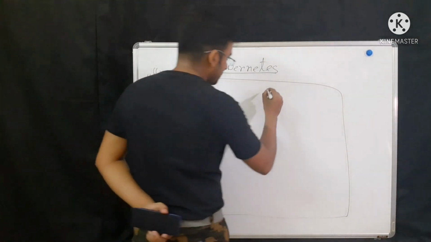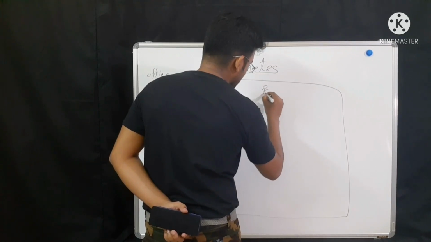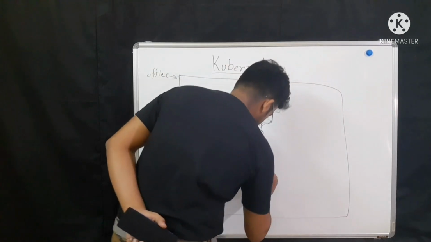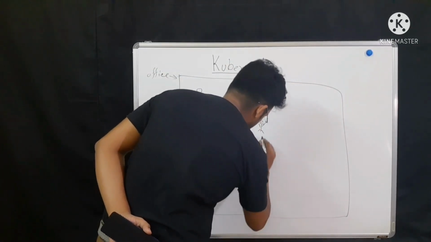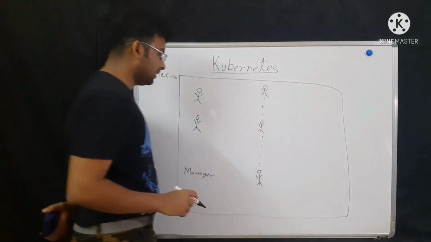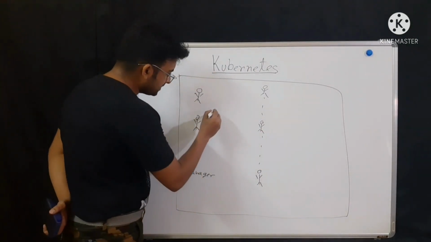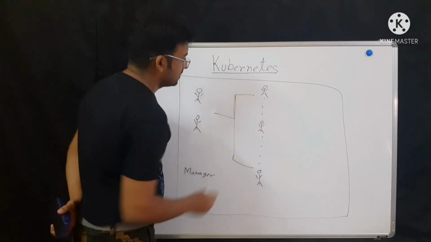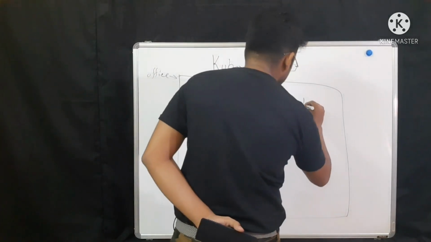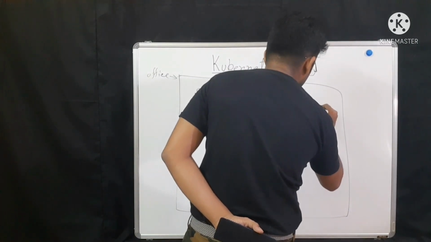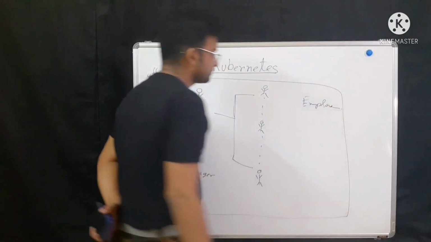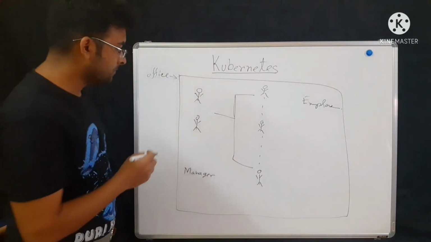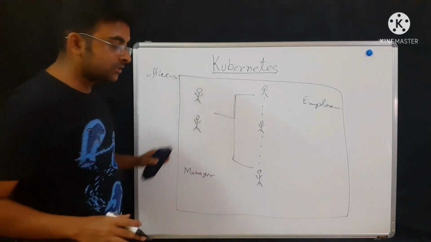And we can have multiple employees. So this manager manages these employees. Let me write it, employee. So this is the basic structure of an office.